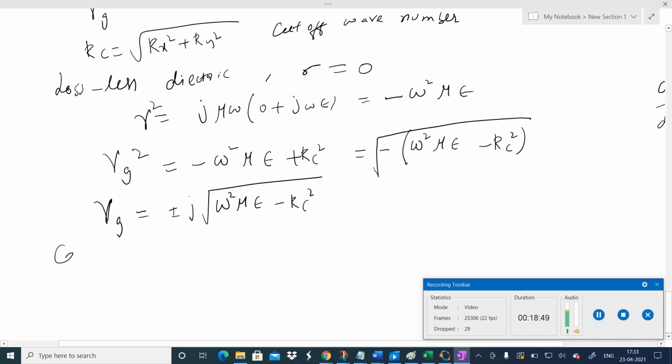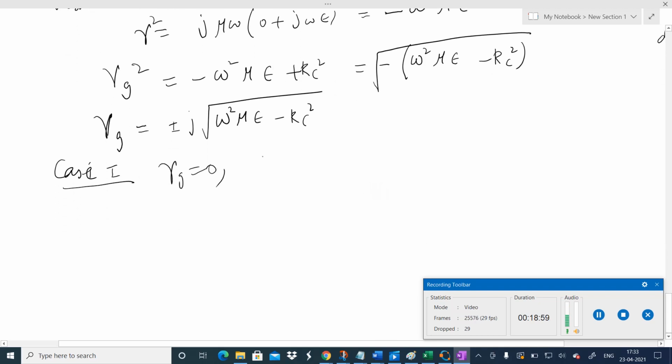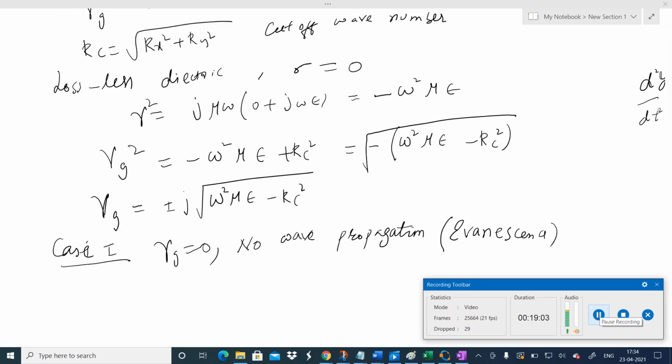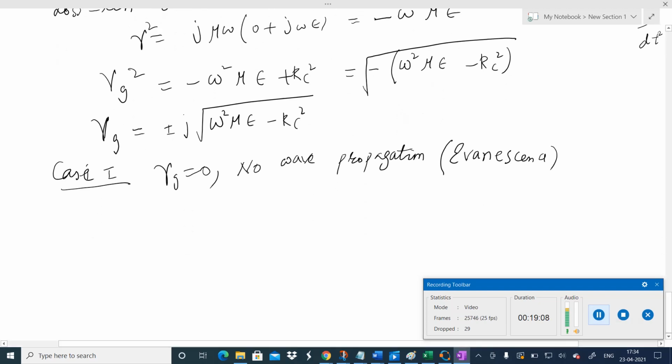Case 1 is quite obvious. Case 1 is when gamma g is 0. Gamma g equal to 0 means that there will be no wave propagation in the guide. This is also called the evanescence case. Okay. So when will gamma g be equal to 0?